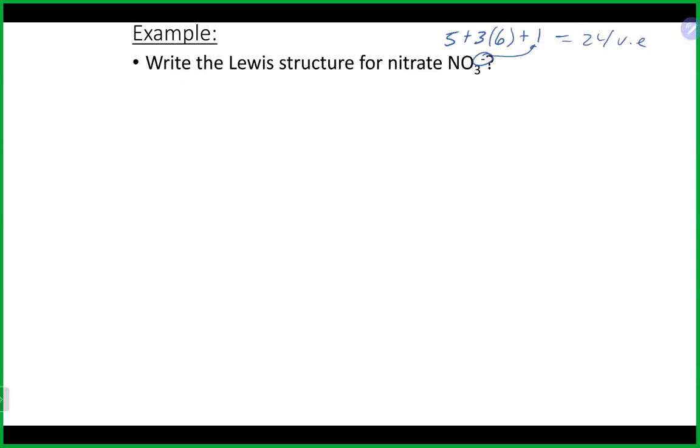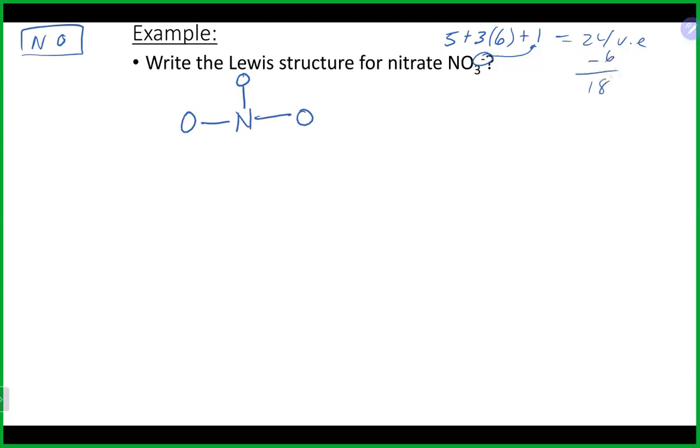Again, if you look on the periodic table, nitrogen and oxygen are right next door to each other. And oxygen is further to the right, which means it's more electronegative. So our nitrogen should be in the middle. Oxygen should be around. We're going to do our same thing here, a single bond to everybody. That is, again, 2, 4, 6 electrons.